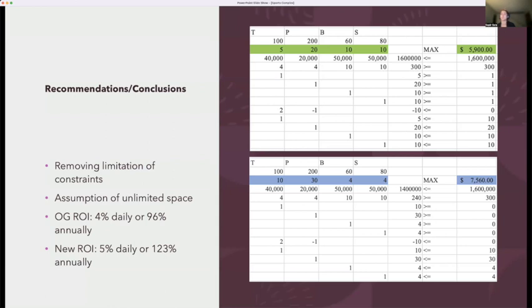Constraints are definitely something that the investors requested, but if we remove that limitation, at the bottom you can already see that the value of the maximum daily profit has increased. And obviously, without approval from investors, you can't go on and change constraints, but just for this project and for the recommendation section, I thought it would be really interesting to create a new model with different constraints.